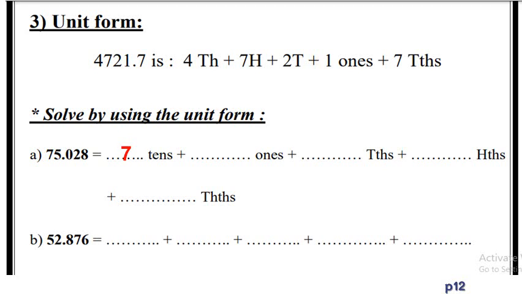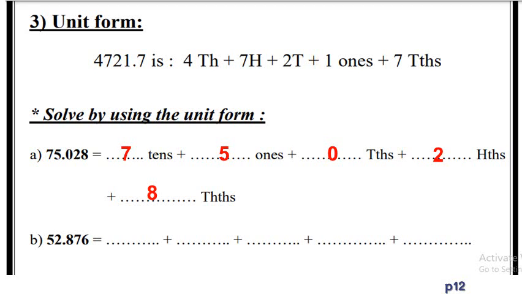And now plus dots ones, which digit is under the ones place? We have here 5. And plus dots tenths, which digit is under the tenths place? We have 0. Plus dots hundredths, which digit is under the hundredths place? We have 2. Excellent. The last one, which digit is under the thousandth place? We have 8.